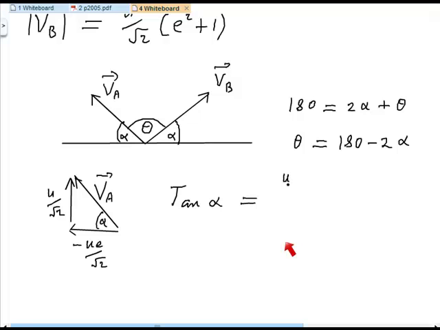The size of the opposite is U over root 2. The size of the adjacent, the length of it, to get rid of this minus, it's just UE over root 2. That's why the minus goes here. And now the U's over root 2 cancel above and below the line. And we're left with tan alpha is 1 over E.